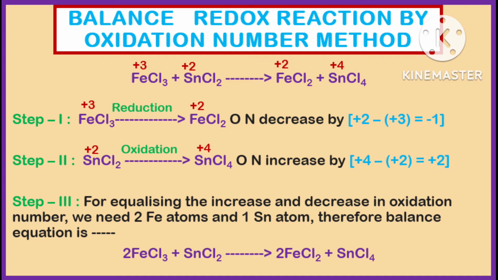Now come to the product side. The product side is already given: chromium ion Cr3+, and the oxidation state is given as 3. Another product is the sulfate ion, SO4 2-.